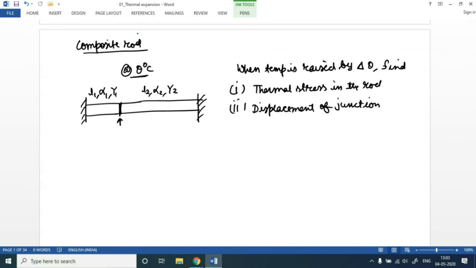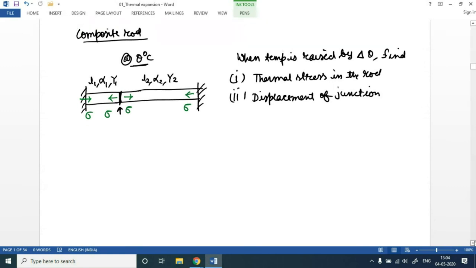So both the rods will be under some thermal stress, and since the area of cross section is uniform, that thermal stress would be uniform as well. So let's say from this end on this rod, this is the thermal stress sigma and sigma. On the other rod, the thermal stress would be the same sigma and sigma. And you should realize both the rods are experiencing compressive stress over here.